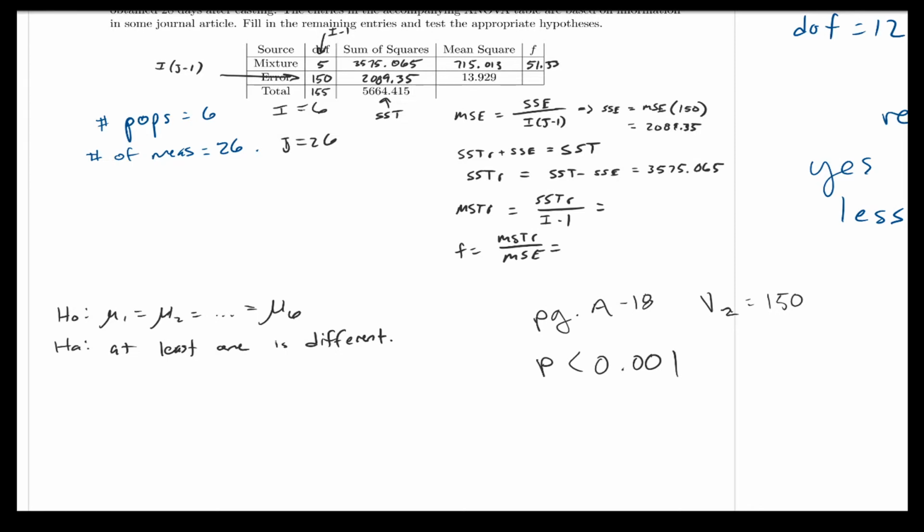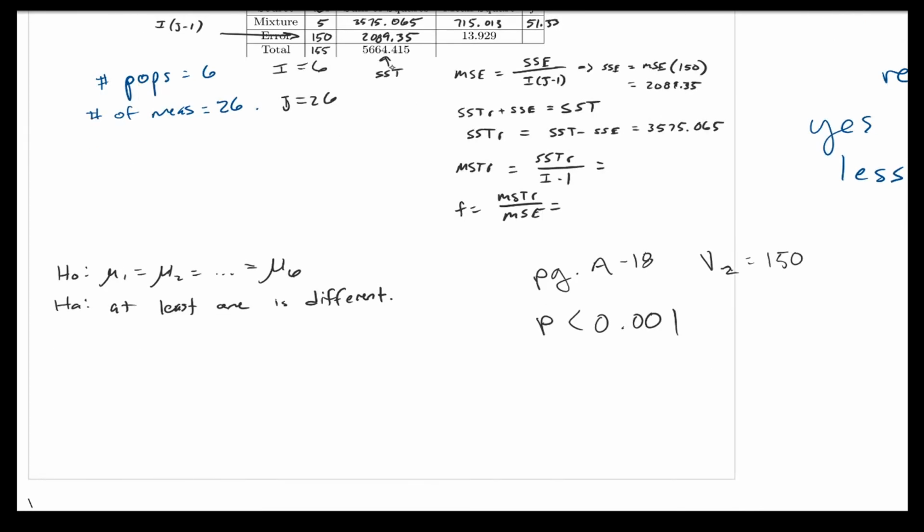So it's pretty small. So probably reject H0. Our p-value is super small, since our F statistic is much larger than 4.3. So our p-value is actually much smaller than 0.01.